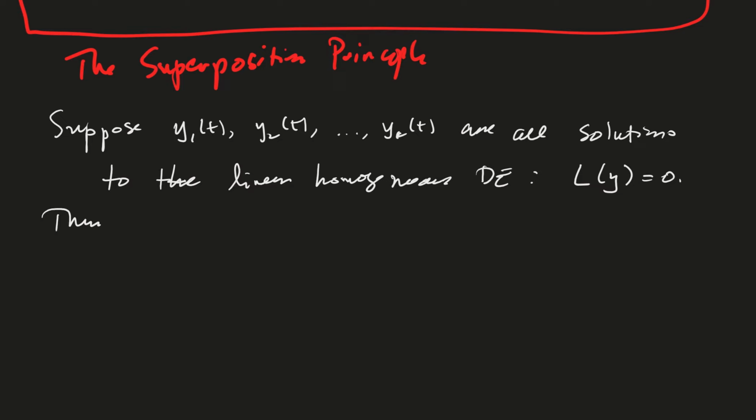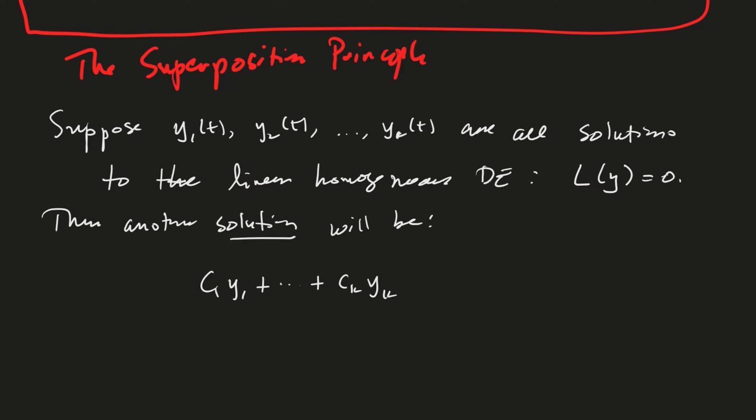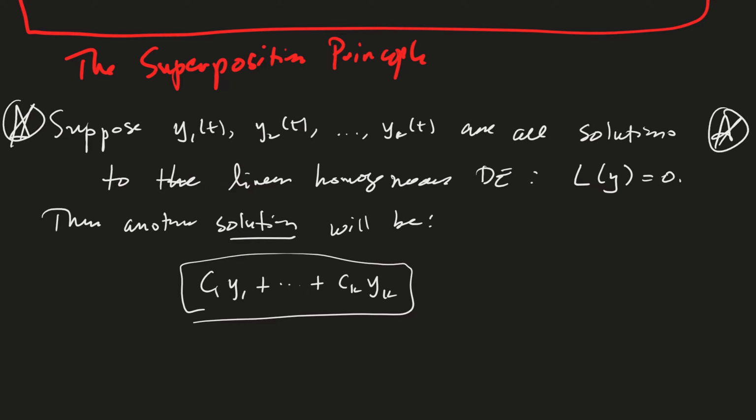Then another solution will be the linear combination c1y1 plus up to ckyk. This is going to be another solution. Good. So this is the key. This is a key property.